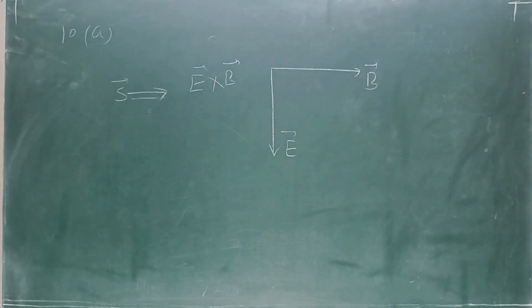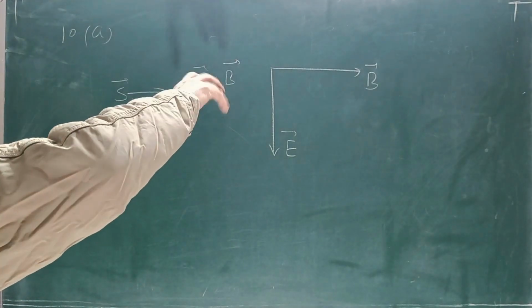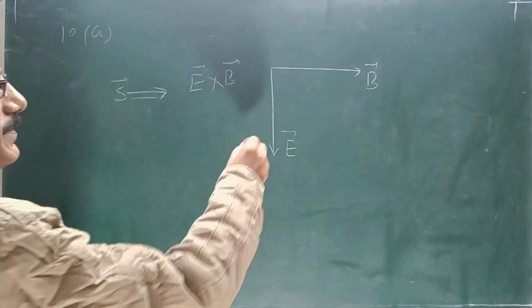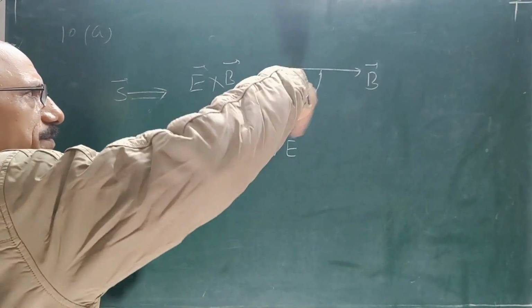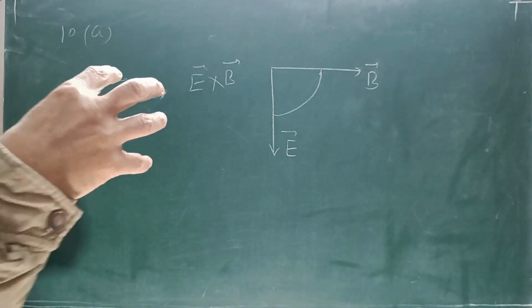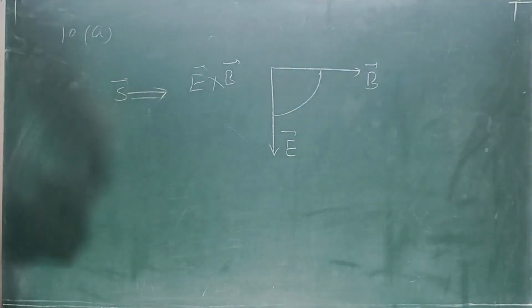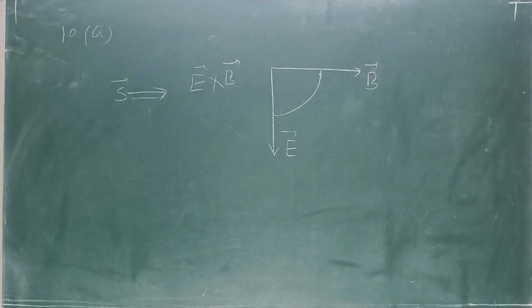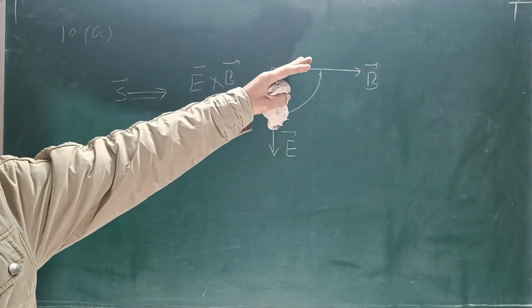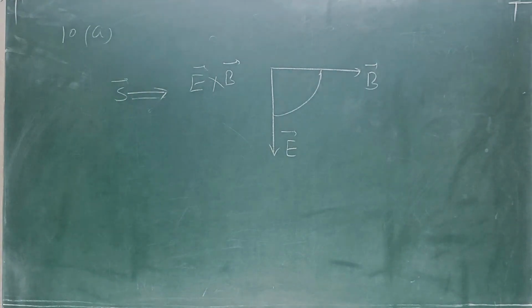But where will the direction be? If you apply the corkscrew rule, then E cross B means the screw advances out of the board, that is out of the paper. So the correct option is perpendicular to E as well as B and out of the plane of the paper. So the correct option is A.